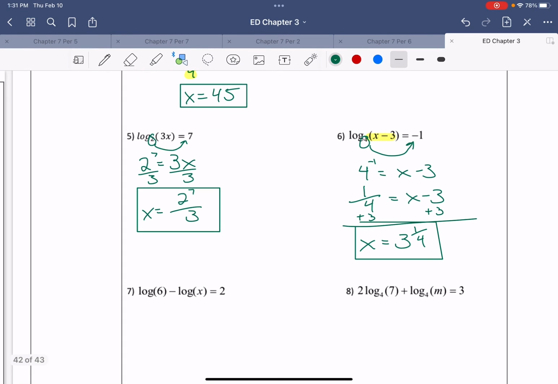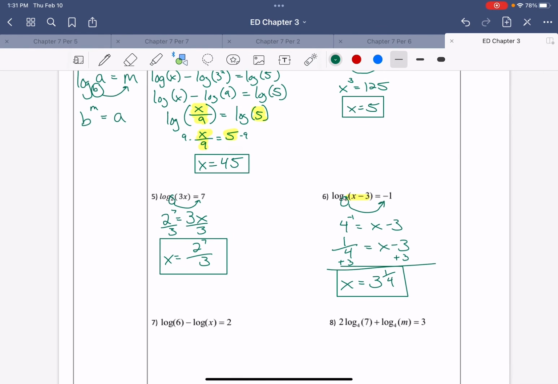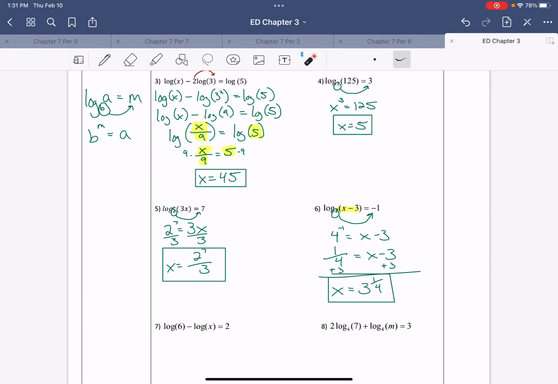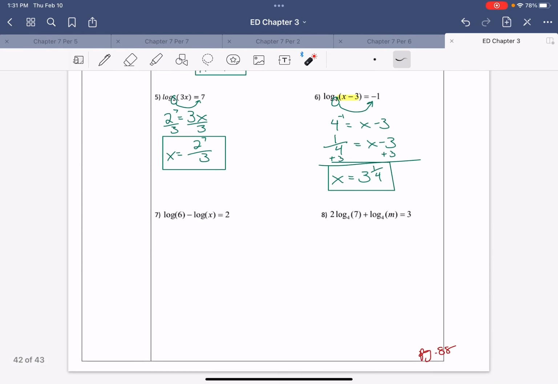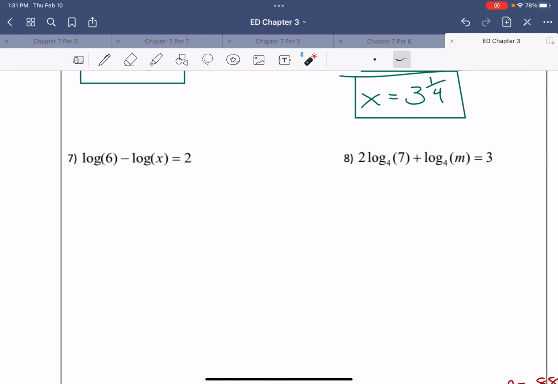Okay, number 7. So let's talk about what we've been doing up here. When you have a single log equals a single number, you can change it to an exponent. On number 7, I have 2 logs equals a single number. So again, you need to use your condensing rules. Condense the left-hand side down to a single logarithm. So subtraction means divide.